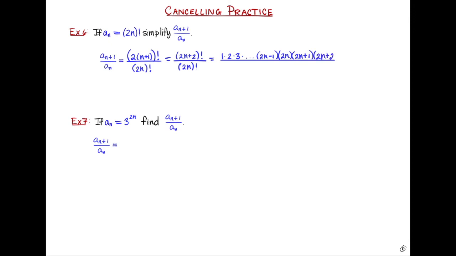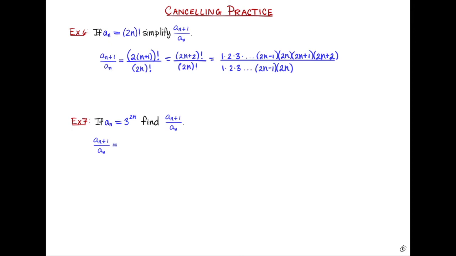And finally 2n plus 2, which is where we stop. In the denominator, we have 1 times 2 times 3, all the way up to 2n minus 1. Now we add 1 to that, so 2n minus 1 plus 1 gives us 2n, and we're done.